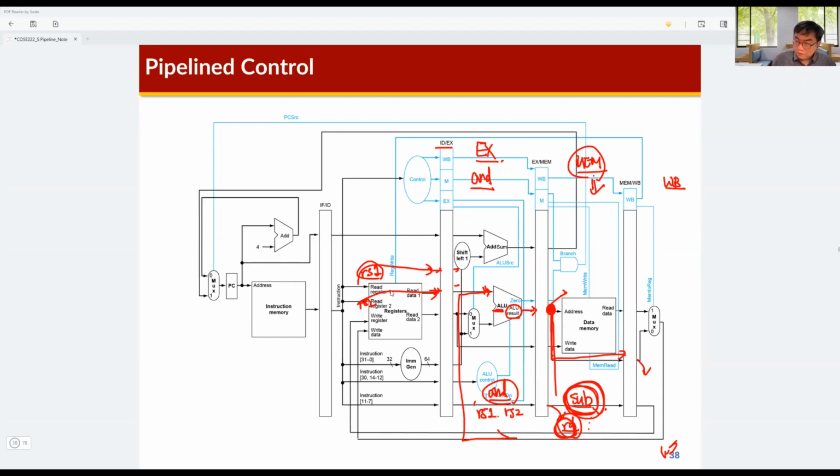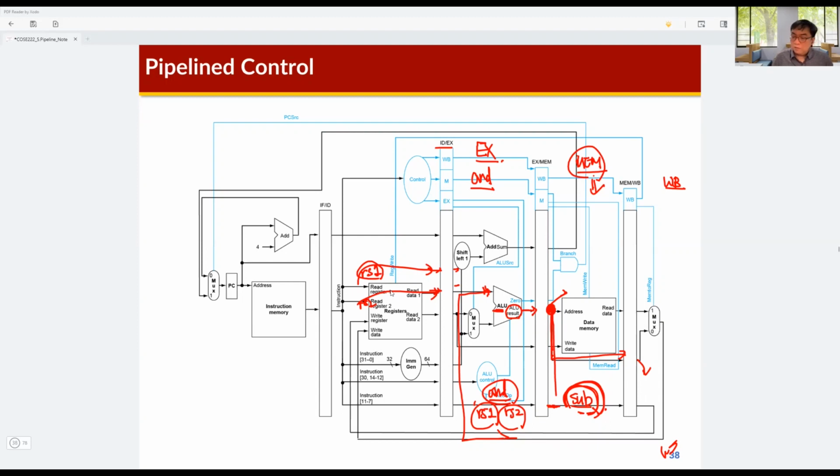Sub is in the MEM stage and AND is in the EX stage. So we need to check RS1 and RS2 of the AND and the RD of the sub. What is the RD of the sub? This one.